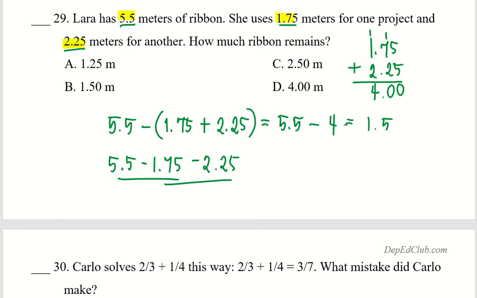I'm sorry, I was confused kahit that there's a decimal number. 1.5 meters. When you're going to subtract that, align lang din. Since it's a whole number, 4 will be at the bottom of 5 here. If you subtract from left to right, you'll get the same answer too.